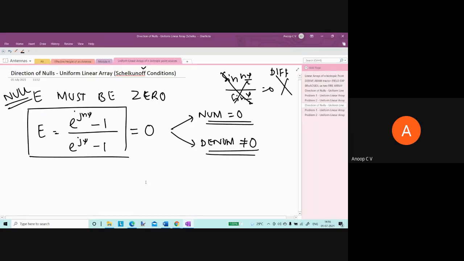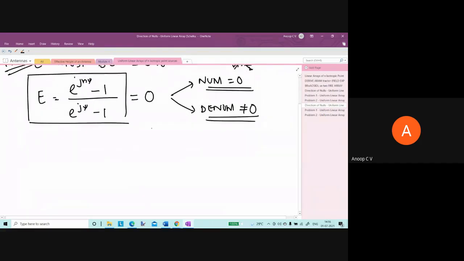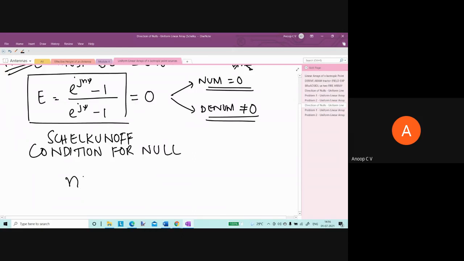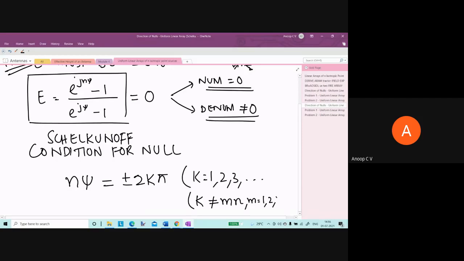So the Shelkunov condition for null is n psi should be equal to plus or minus 2 times k times pi, where k is equal to 1, 2, 3, etc. And one more constraint is there: k should not be equal to m times n, where m is equal to 1, 2, 3, etc.